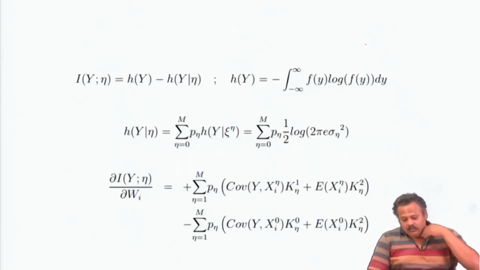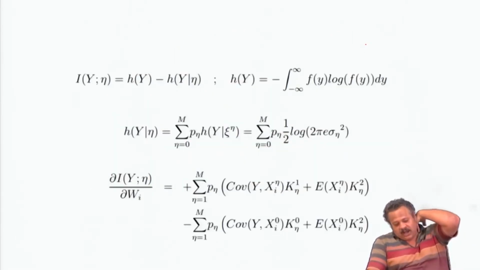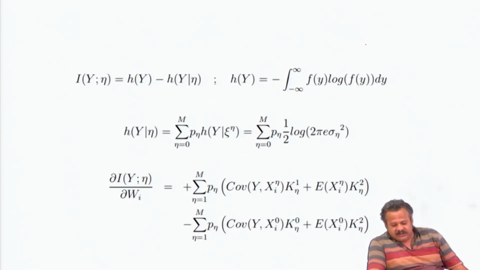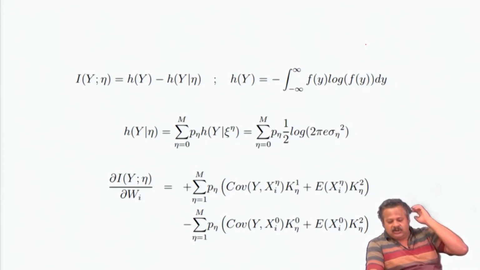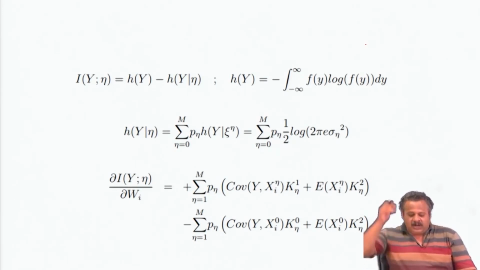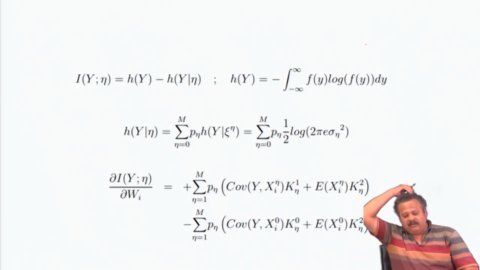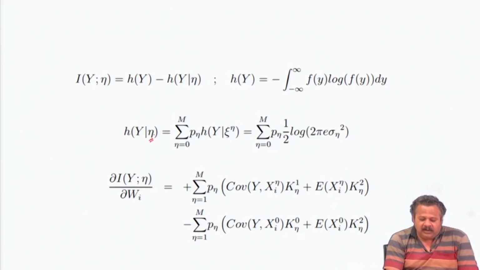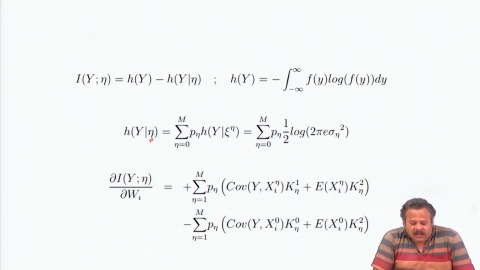And under certain assumptions, again with large uncorrelated inputs behind the output spike train, you can assume that y, given a particular input pattern, the ith pattern, is Gaussian in nature, and the probability of each can be weighted by p_eta.